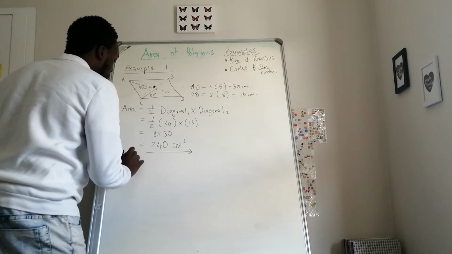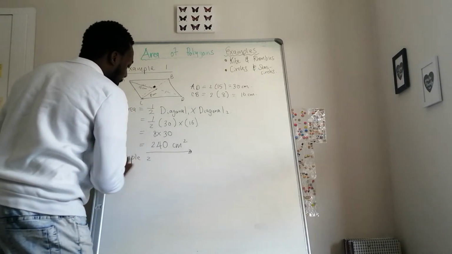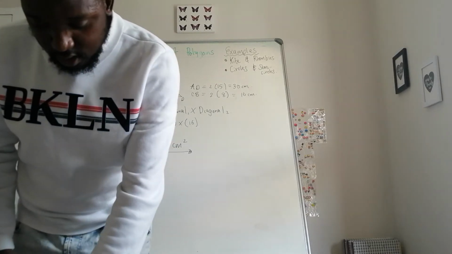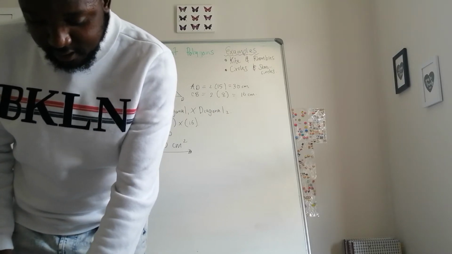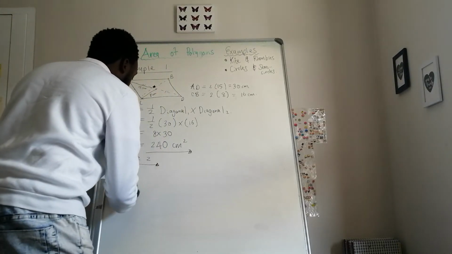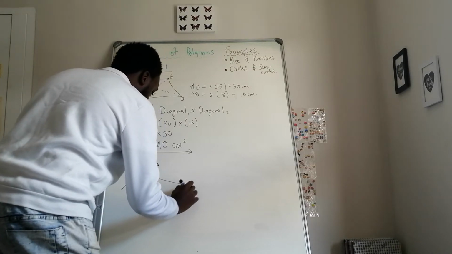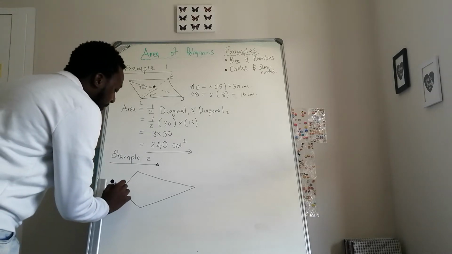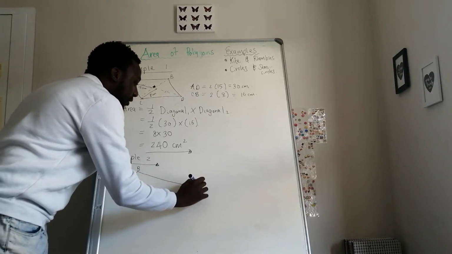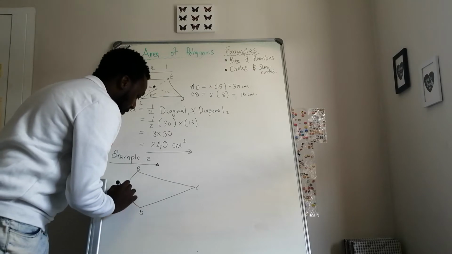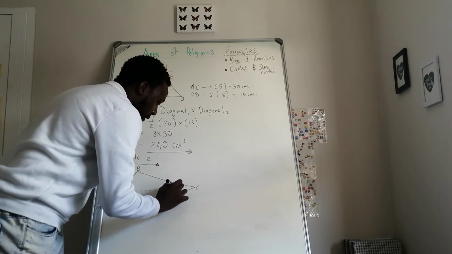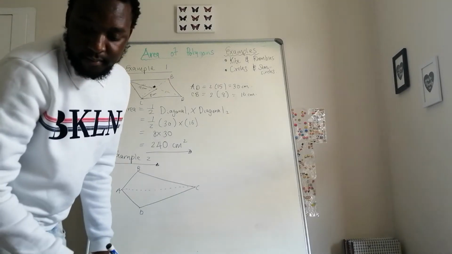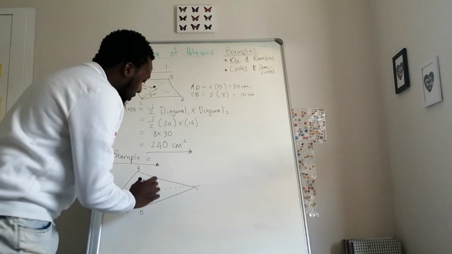Example 2, let's look at how do we calculate for a kite. We're given, there's our kite, A, B, C, D. That's the diagonal of AC. We're not given the whole diagonal.